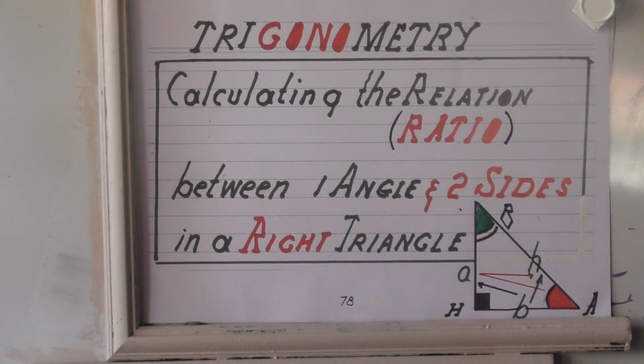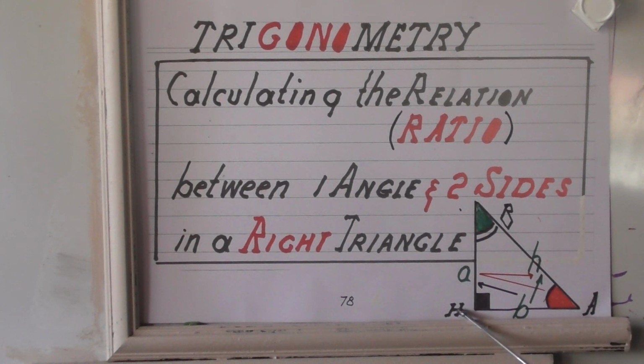Triangle measure. The relationship between angles and sides. So you can only do one angle at a time, and each angle has two sides. And next lesson we have to play with the hypotenuse.